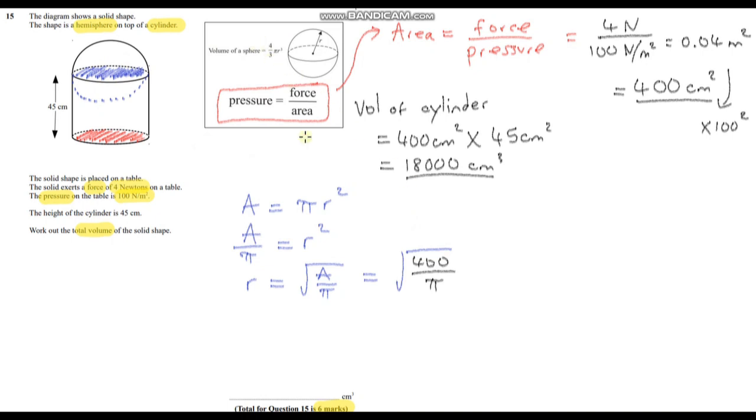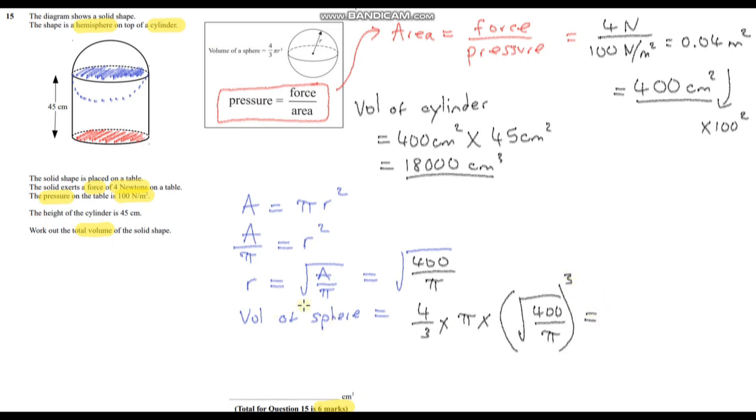So the volume of the sphere is going to be 4/3 times pi times our radius cubed. This is our radius, so it's the square root of 400 over pi, and we're going to cube that. So that is going to be the volume of our sphere.